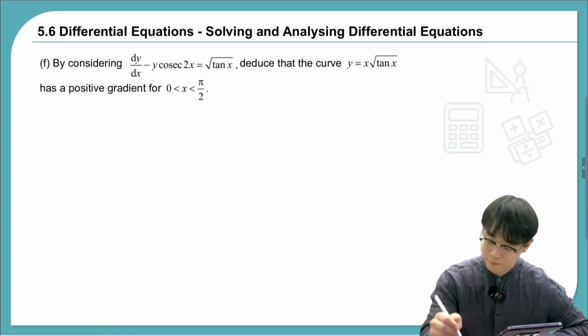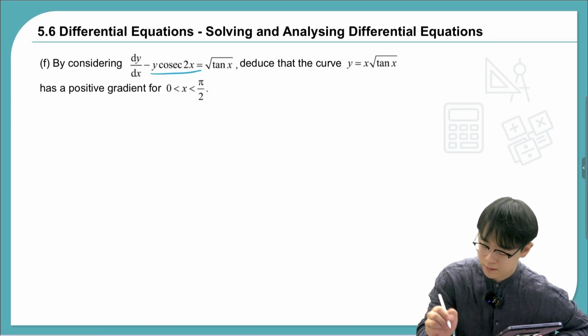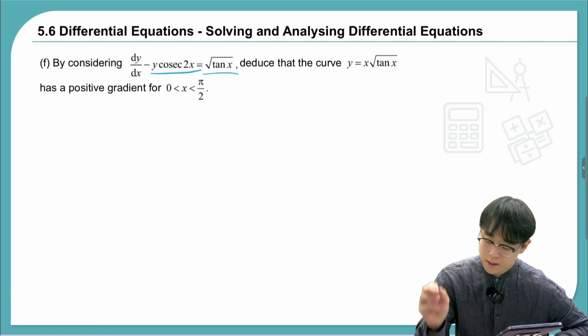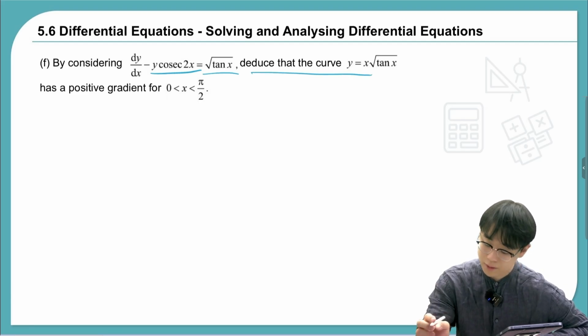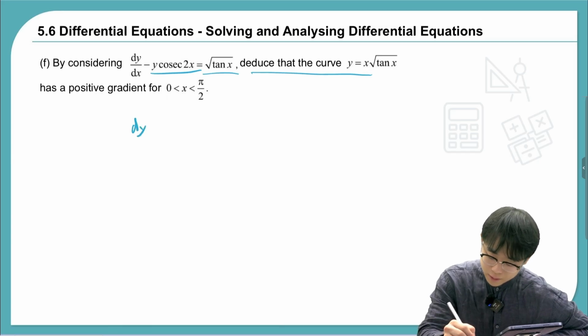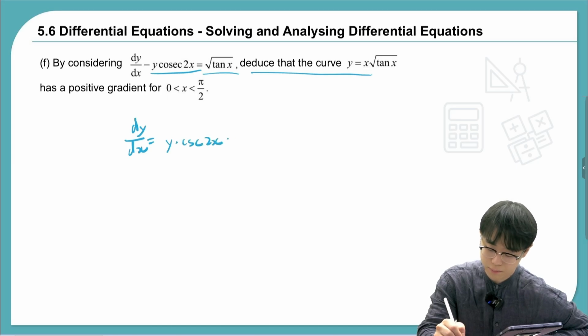Finally, we have f. We're considering dy over dx minus y cosecant 2x is root tangent x. So how can you deduce that this has a positive gradient? Okay, so if you look at dy over dx, that's the slope function. That's like y cosecant 2x plus square root of tangent x.